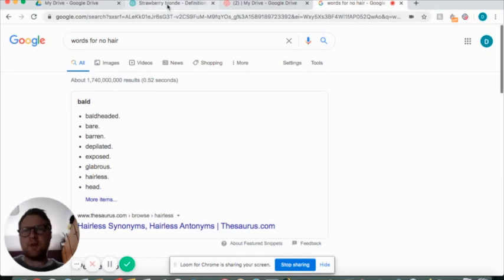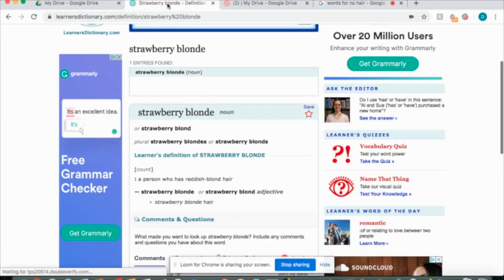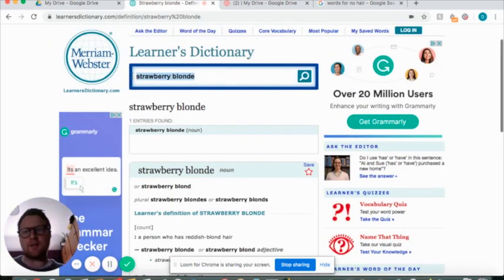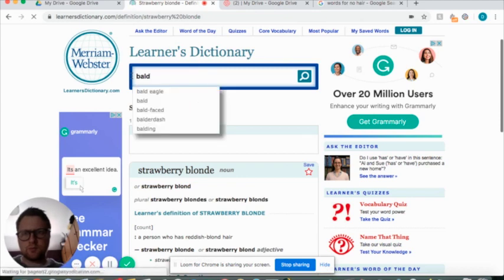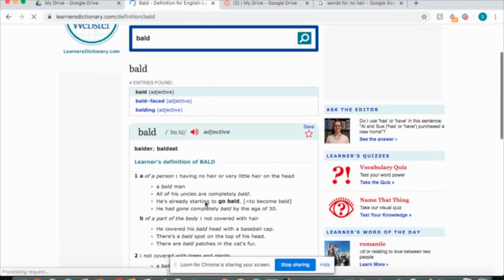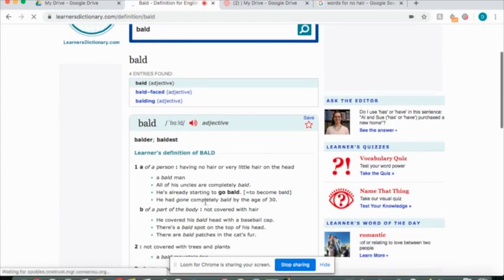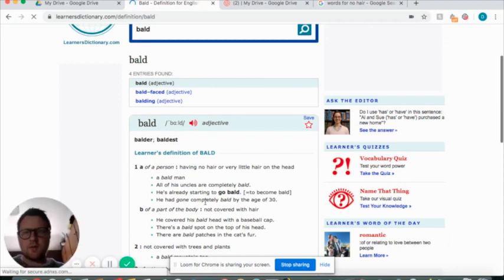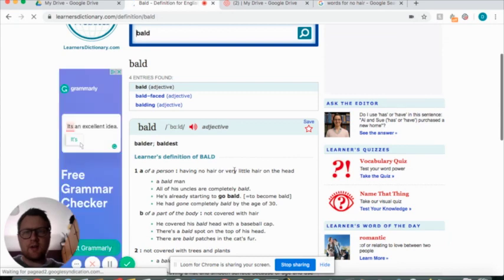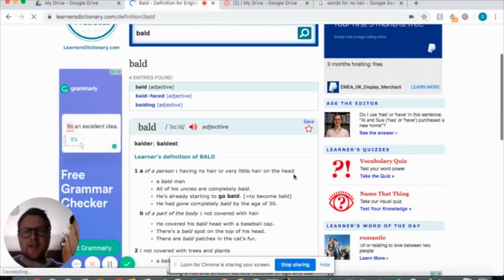So let's put that into Learner's Dictionary, or look it up in a dictionary if you have one to hand. So bald of a person is having no hair or very little hair on the head. Please pause the video while you copy this down.